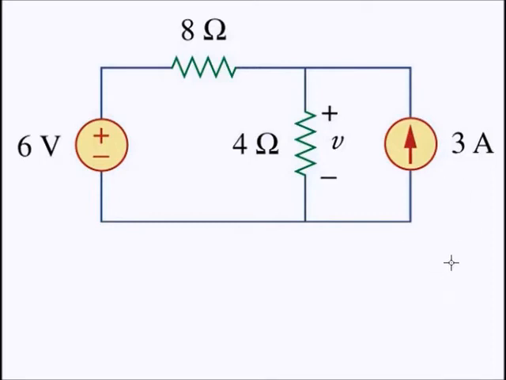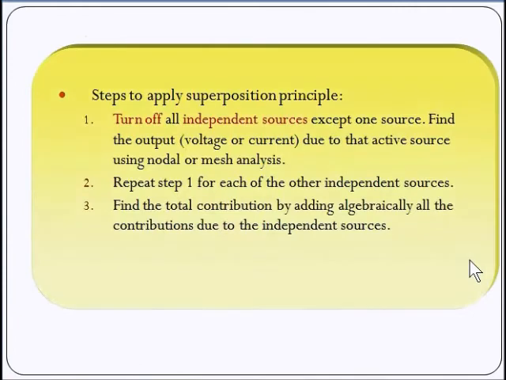We need to use superposition to find V total at this location. Again, these are the steps to apply the superposition principle. First, turn off the independent sources, leaving just one source. Then repeat for the other source. Then find the total contribution.